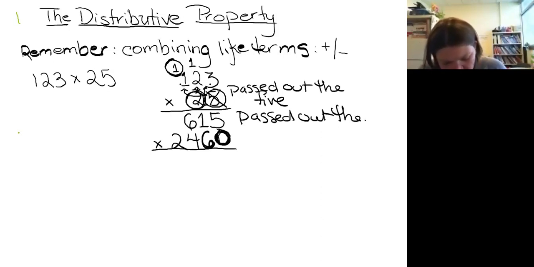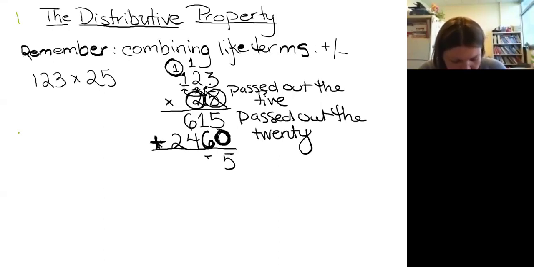So we passed out the 5, and then we passed out the 20. Why? Because 25 is made of both 20 and 5. And so we were able to just multiply by part of that number at a time. And then, of course, what did we do with the 2 numbers back in the day once we had them? Once we found the 2 partial numbers that we got through multiplication, we added them up.